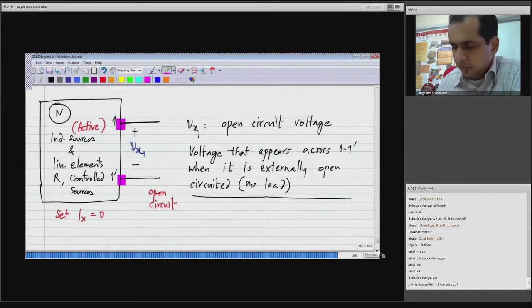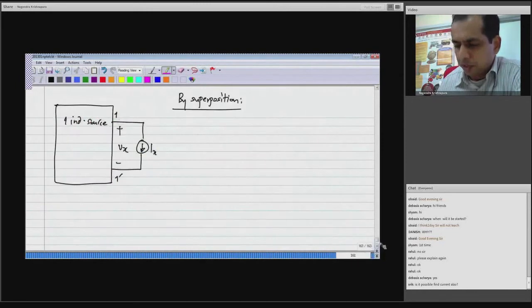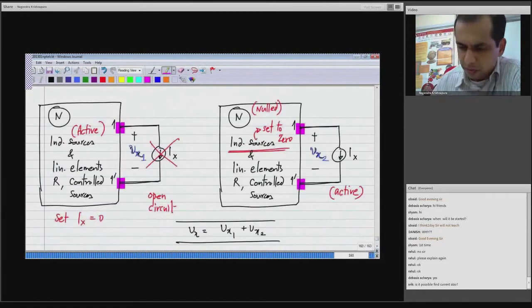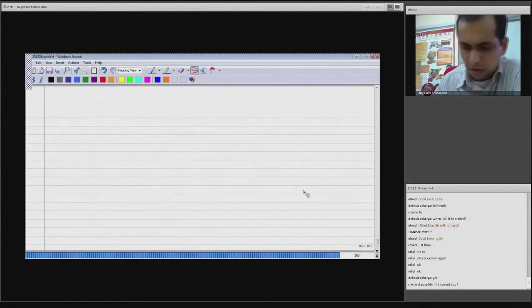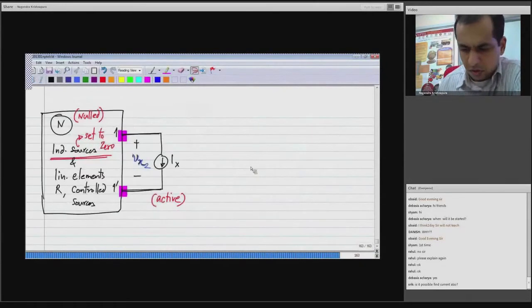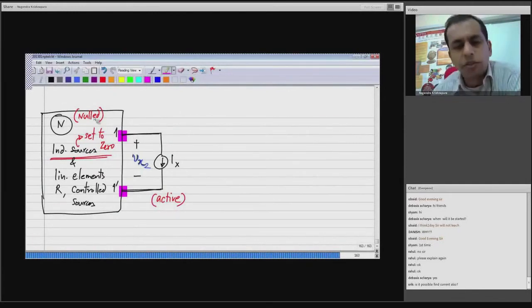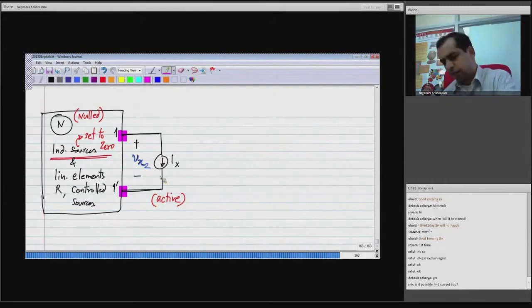Now that is the first piece of the puzzle, the open circuit voltage. Now the next part is with N being null, that is all independent sources inside N are set to 0, okay, and we have only a single independent source in the circuit.